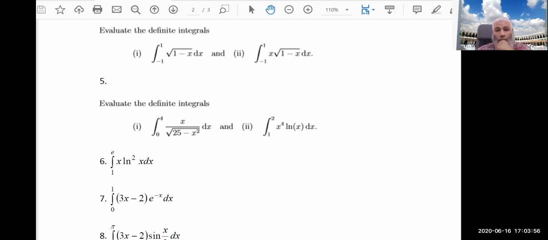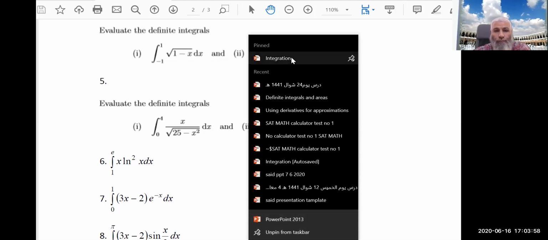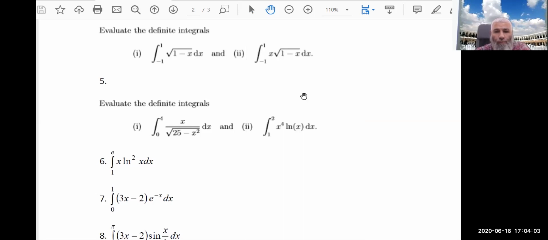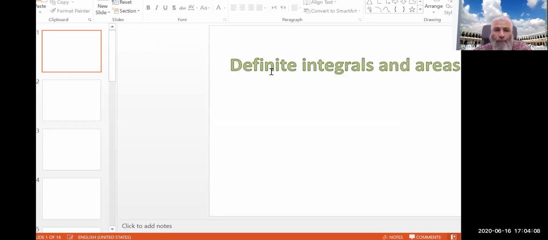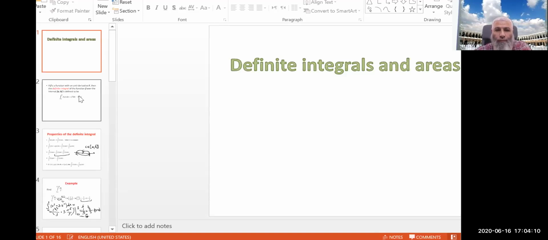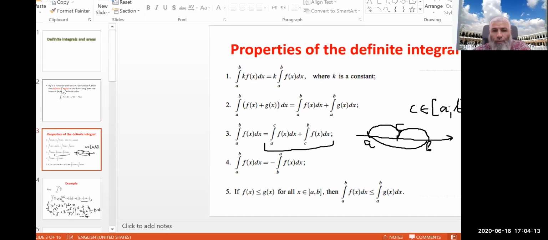I want to revise something here, this rule here, for solving the next question.